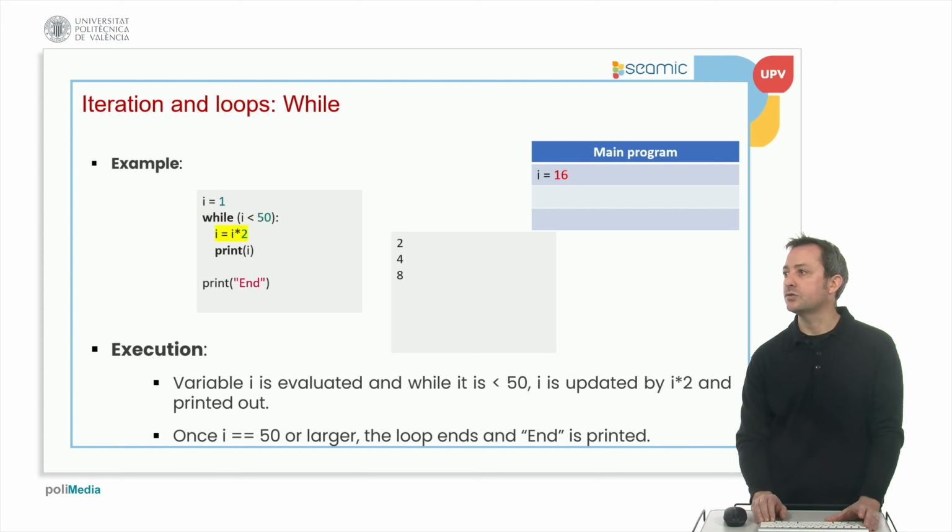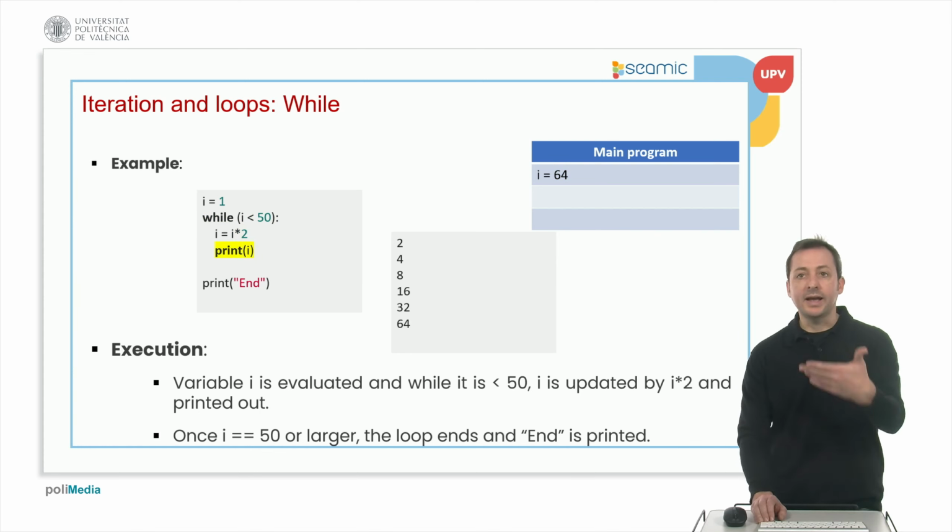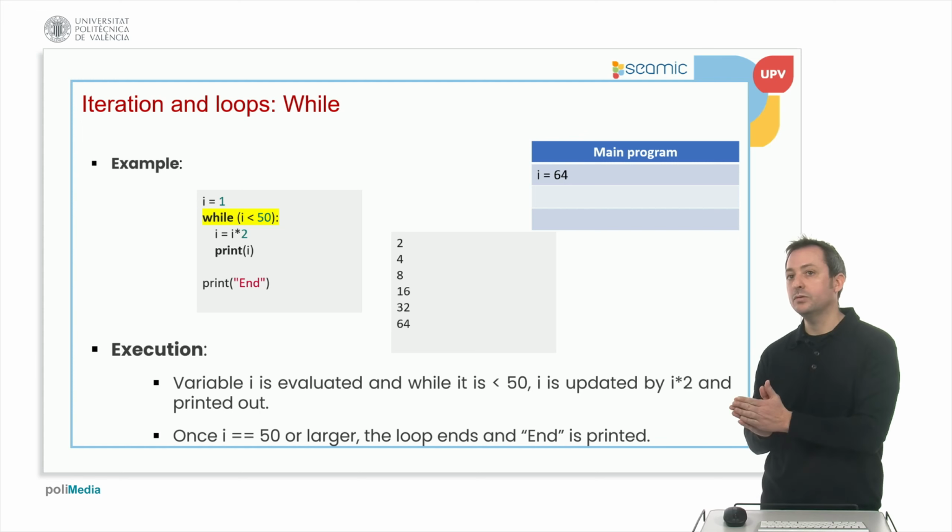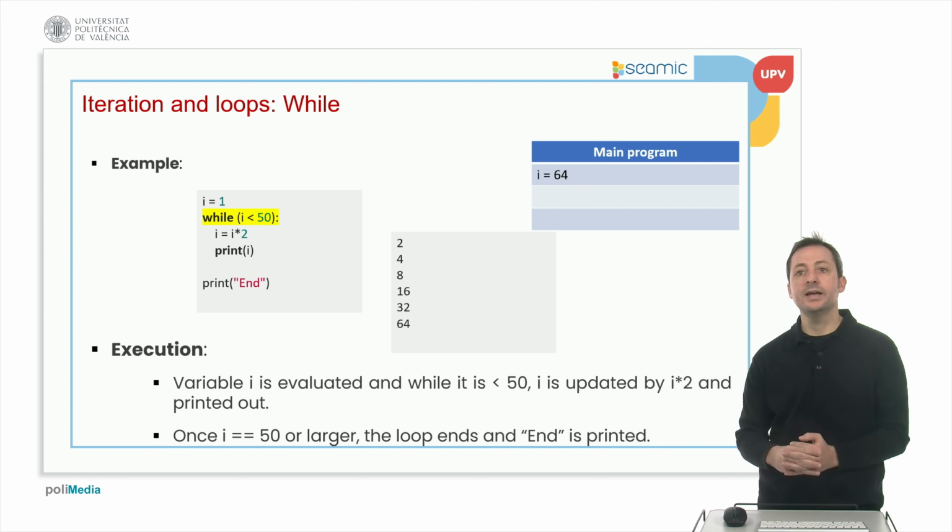Then we check, it is true, 16, print, compare, it is true, 32, print, compare, it is true, change, and print. And go again to the comparison. In this case, take into account that the value of the variable is not lower than 50.